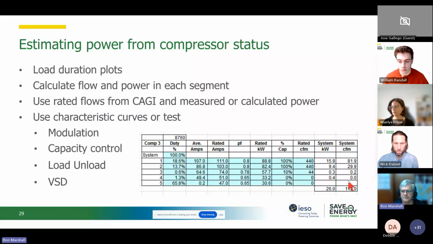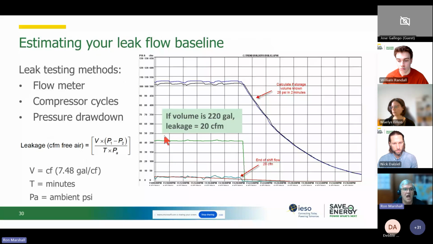And it just adds them all up together and comes out with an average system kilowatt and CFM for each compressor on that curve. All right. So that's understanding the baseline and how simplistic methods could be used to calculate the baseline.